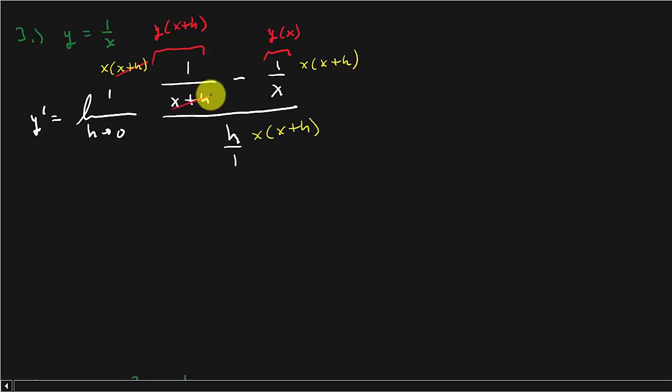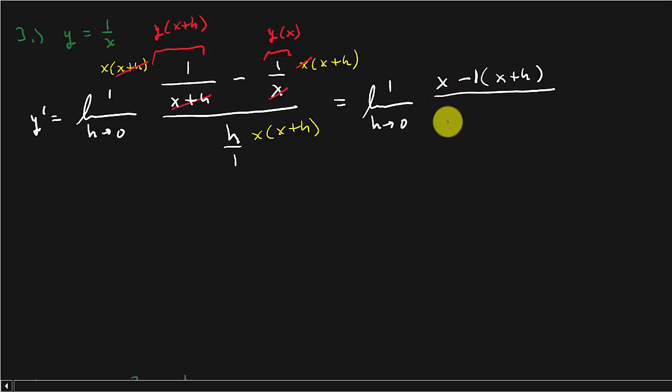It cancels an x plus h here, and it cancels an x here. And so I am left with the limit as h goes to 0 of x times 1, minus 1 times x plus h. We can put the 1 there if it makes you feel better. And that's over h times x times x plus h.